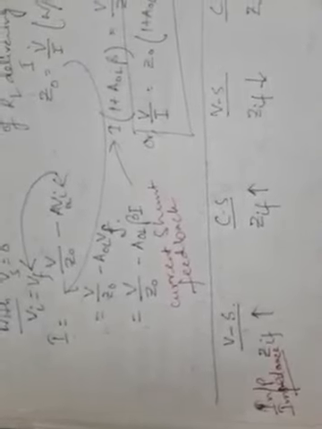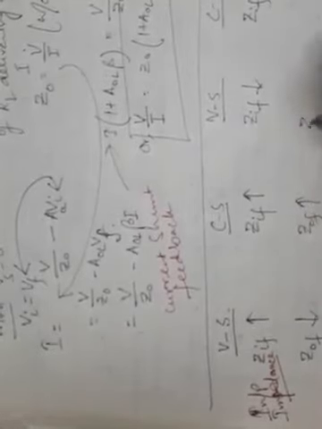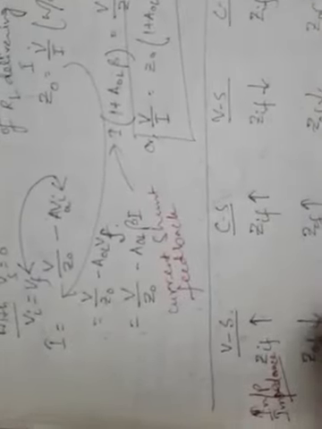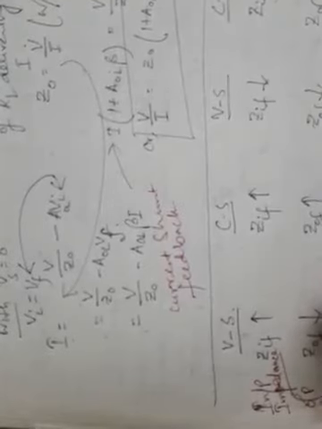In case of voltage series it is decreased, for current series it is increased, for voltage shunt it is decreased, and for current shunt it is increased. So this is for output impedance.